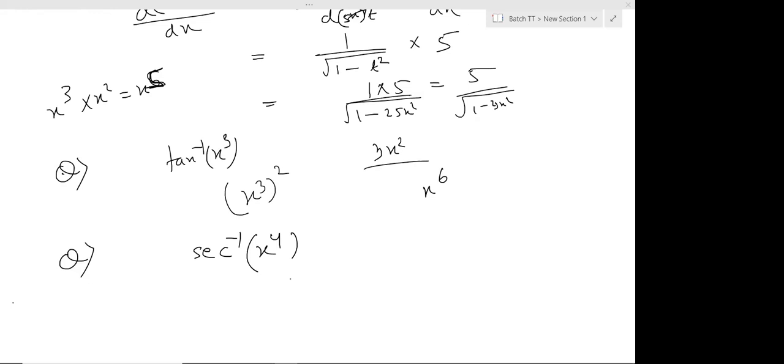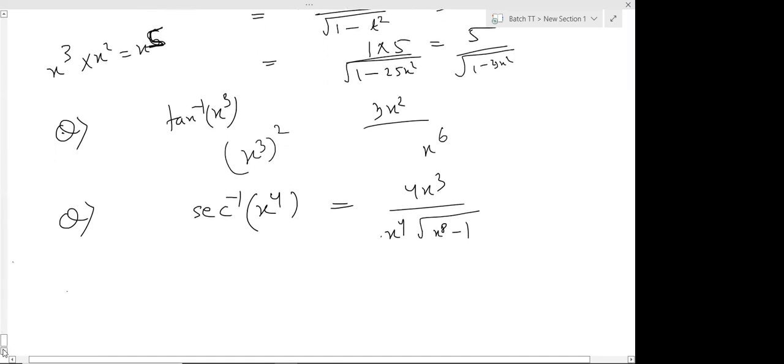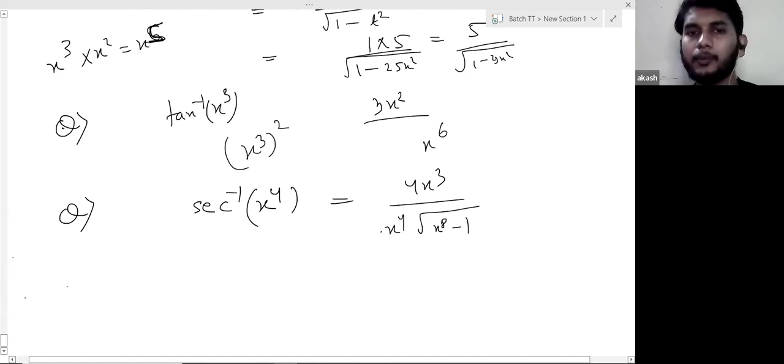Correct answer. Kinza, have you solved this? Yes, sir. 4x cubed by x raised to 8 minus 1. Absolutely correct. Zaid, this is clear? Yes. All right.